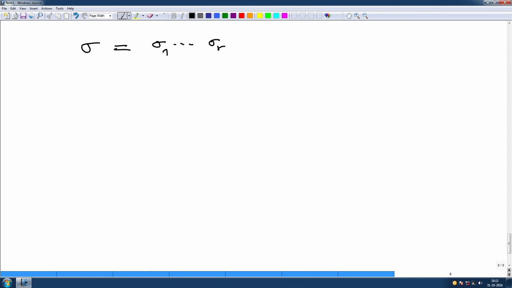Okay, to check this equality, remember we have decomposed this set into a disjoint union I1, I2, IR, and the remaining guys are singletons.